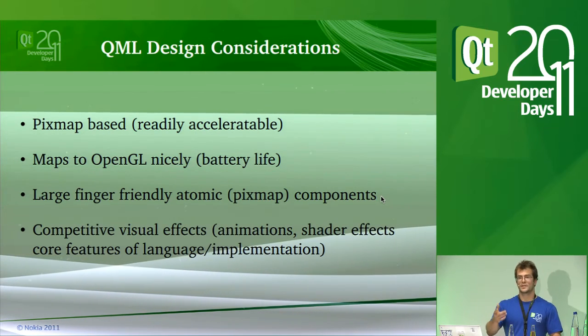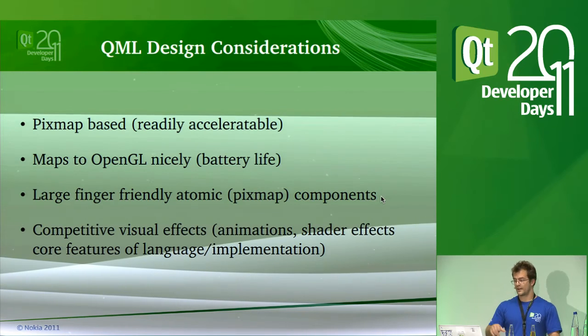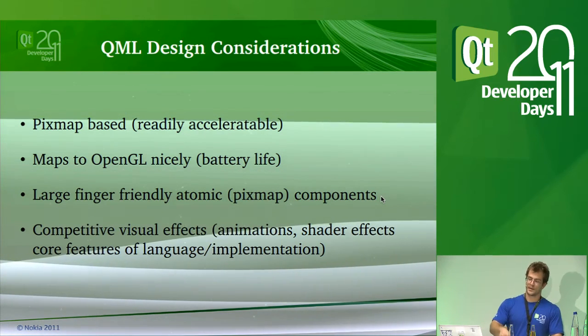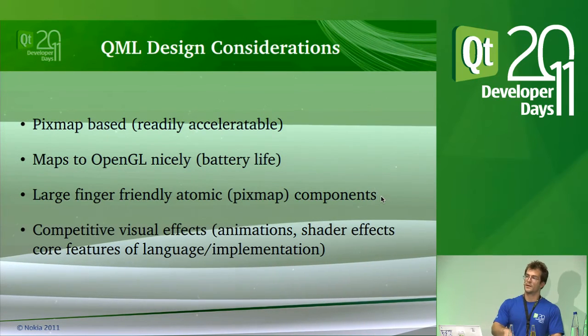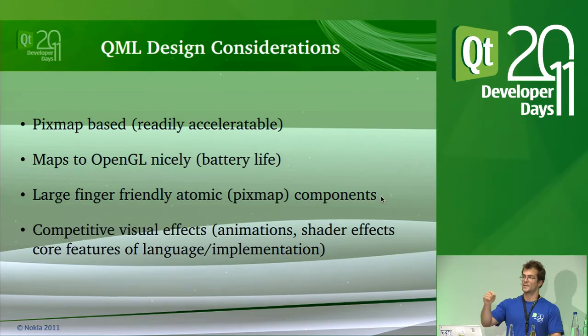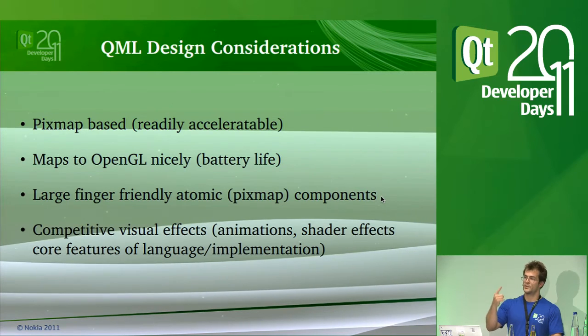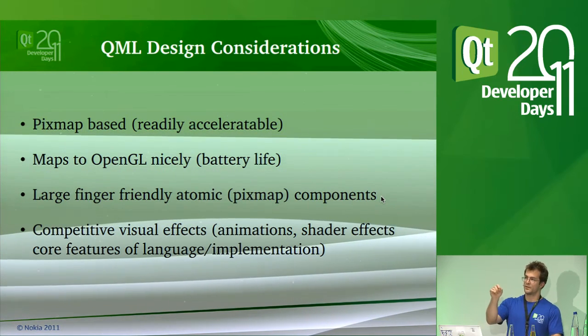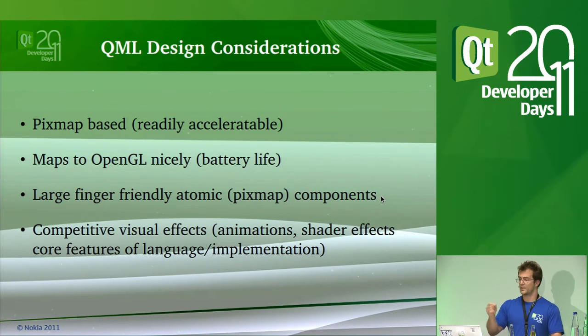It also tends to be finger-friendly. Our old Arthur paint system was very good for drawing small primitives, basically. But when you try to use your big fat finger with a small button, having small little primitives or small little components does not help you at all.